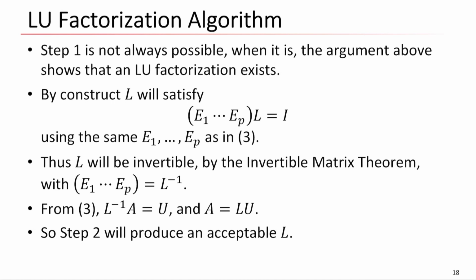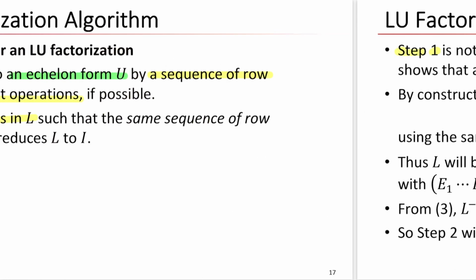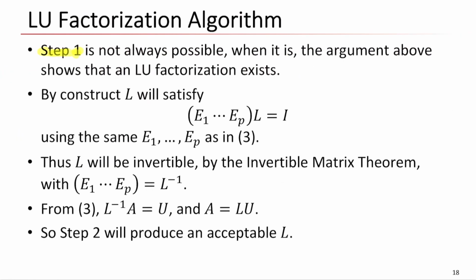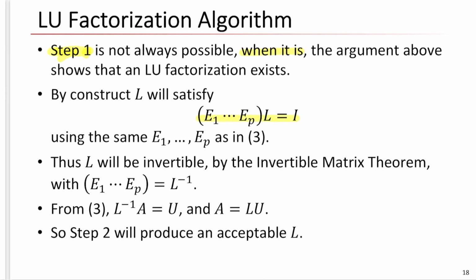Here is some description of step 1 and step 2. Step 1 is not always possible, right? So when it is, the argument above shows that the LU factorization exists. If there is no elementary row operation that can generate the echelon form matrix U, then there is no LU factorization.